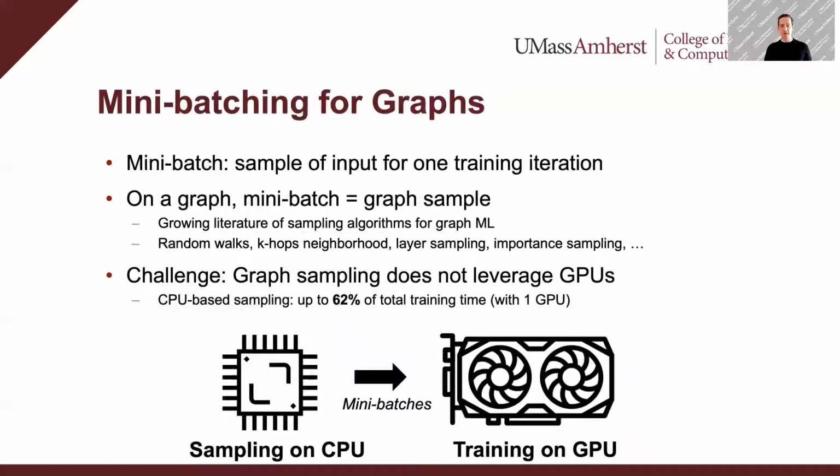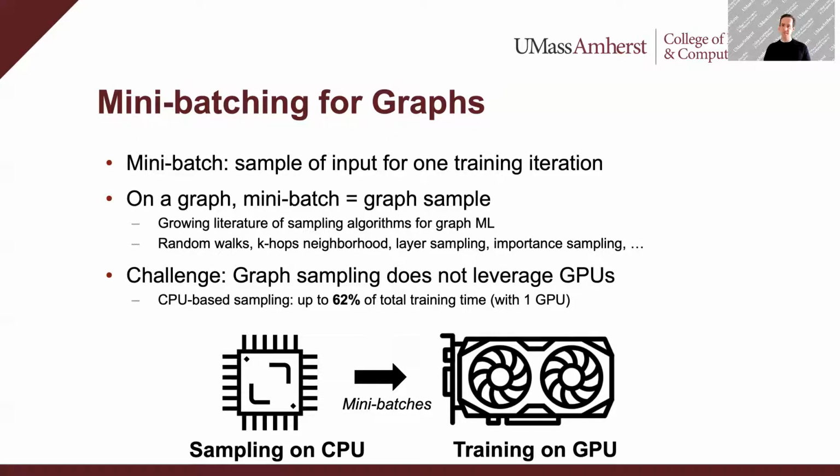Another problem that arises on graphs is how to use mini-batching. Mini-batches are a sample of a subset of the input data that we use for one training iteration. Typically, when you have data sets that are discrete, you can simply pick different points in your data set independently and form mini-batches that way.